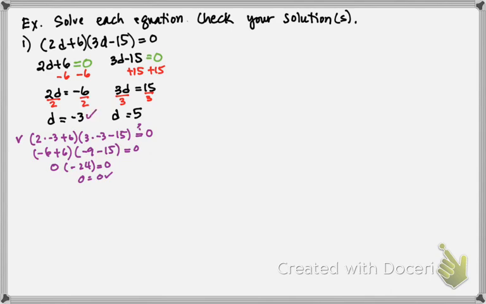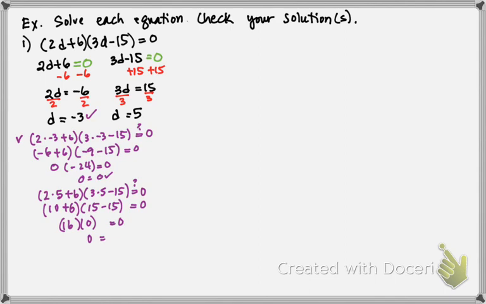And then we've got 2 times 5 plus 6 times the quantity 3 times 5 minus 15. Does that equal 0? So we get 10 plus 6 times 15, take away 15. Does that equal 0? So then we get 16 times 0.